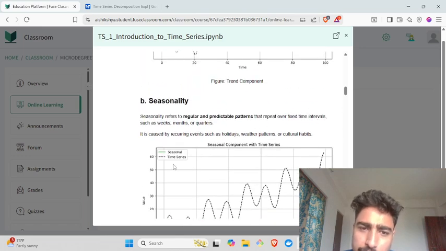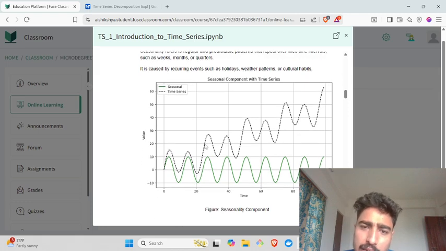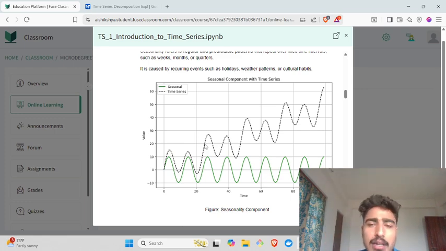Seasonality means the repetition of data over a fixed time interval, like the sales of Santa Claus dresses in December, at Christmas.